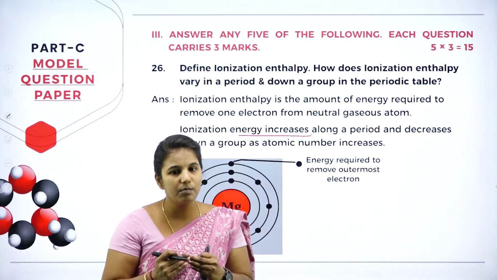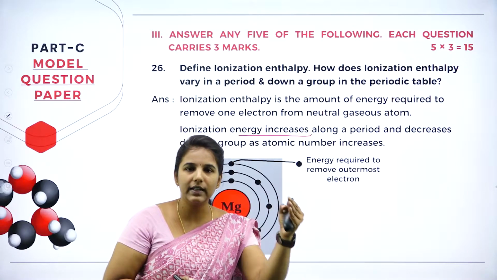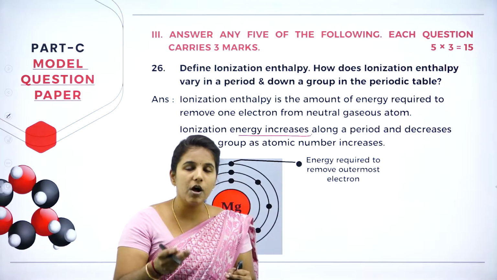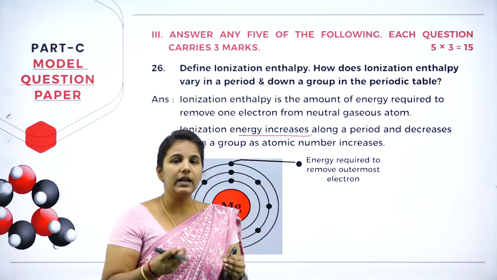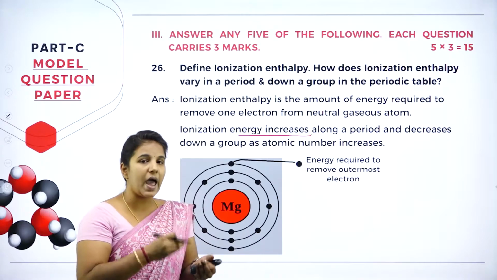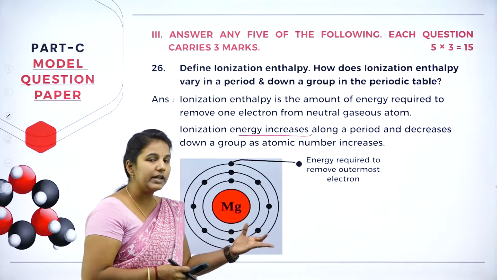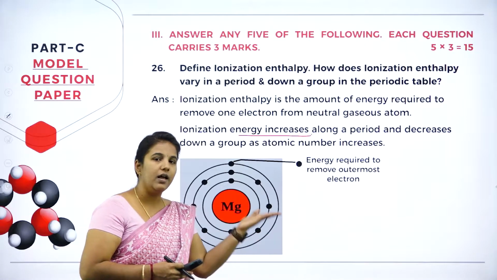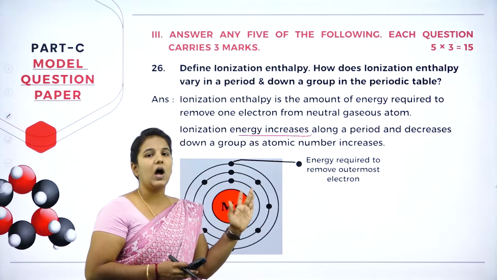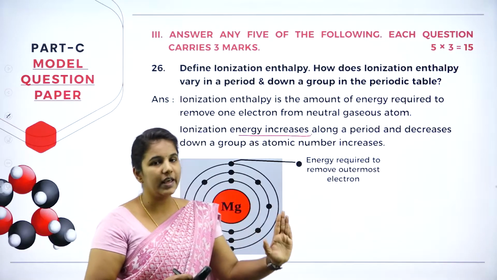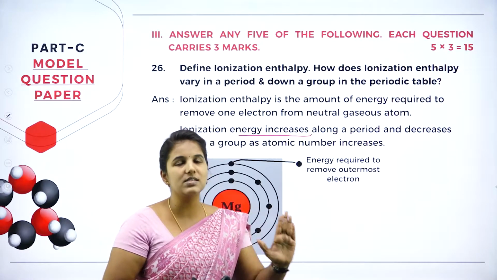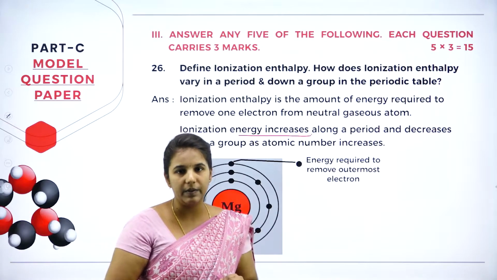Because as we move from left to right in the periodic table, the atomic number of each element increases, so the electrons are being added to the same shell. So it is more difficult to remove the electron from the outermost shell. That is why ionization energy increases along the period.